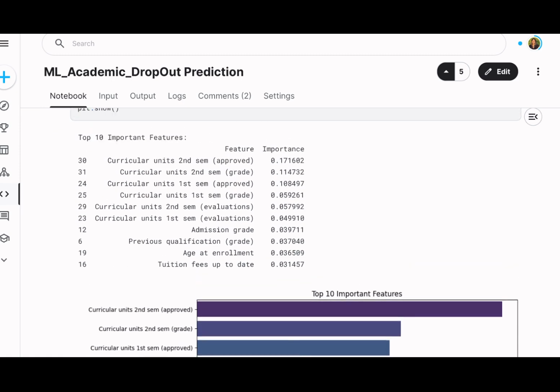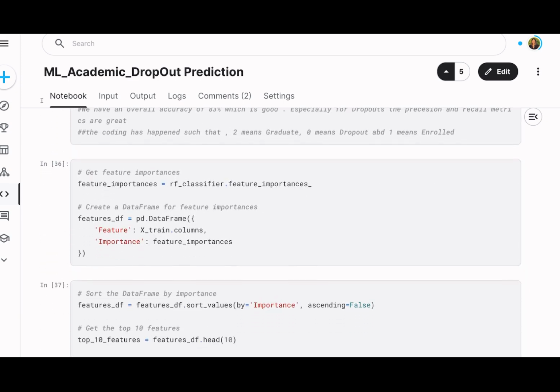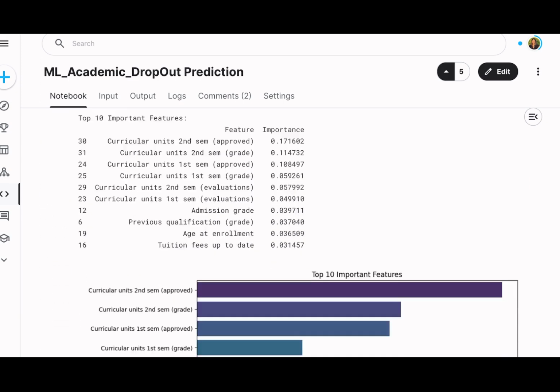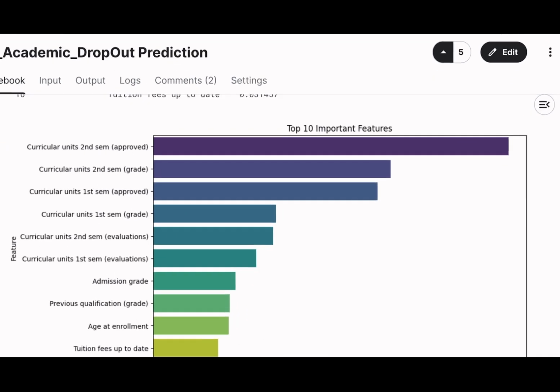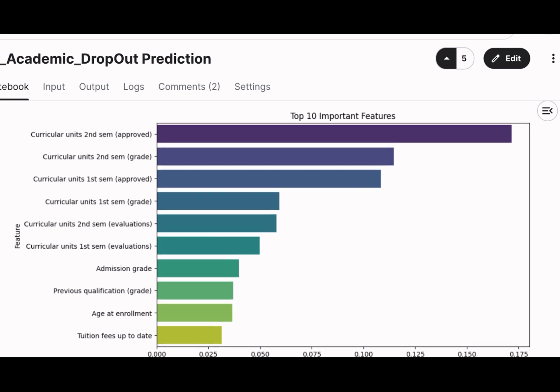But before that, I've also used feature importance to get the top 10 features that are important. And this is very important to note, especially when we are trying to explain to stakeholders what the top 10 features are. So mostly these are the columns which are important, like curricular units, second semester, grade, what was approved, evaluations.